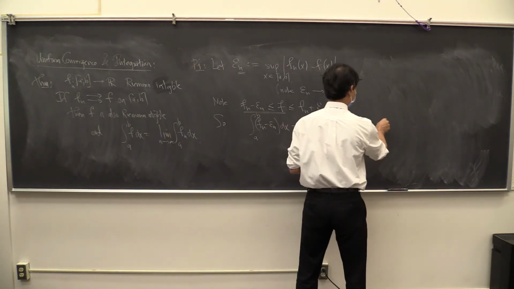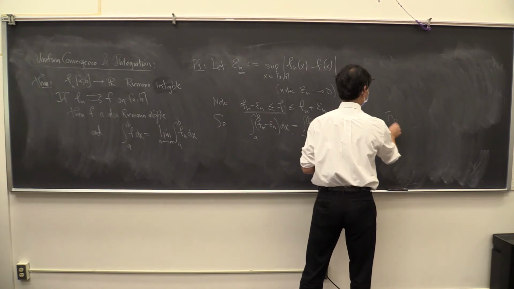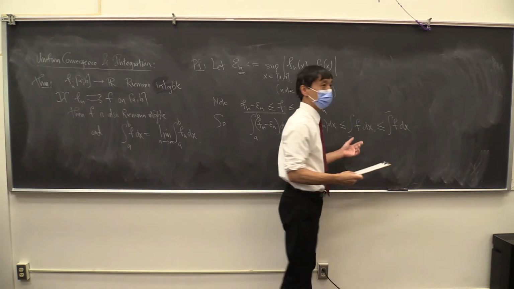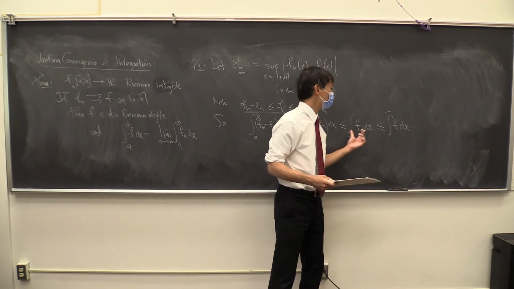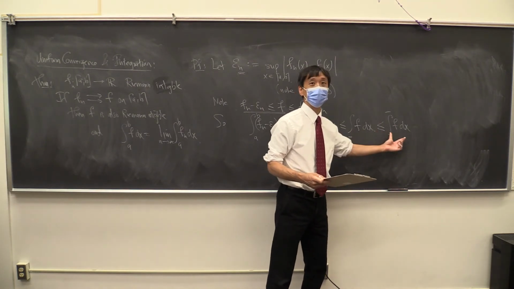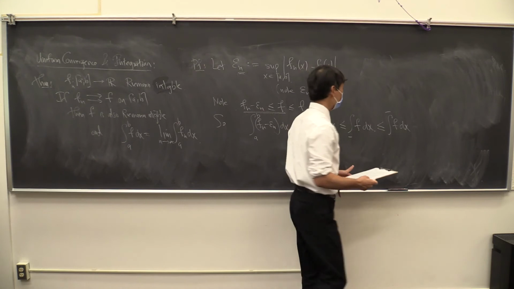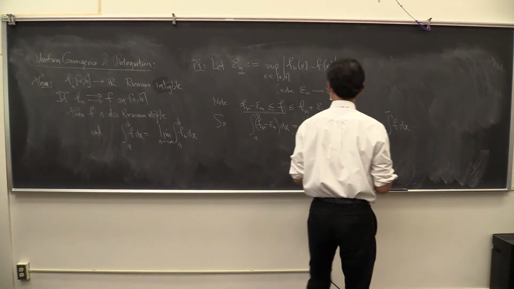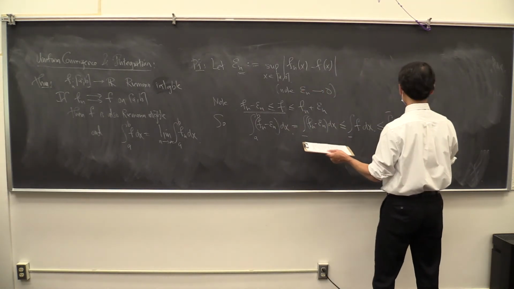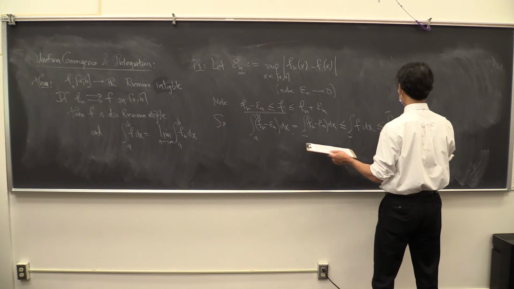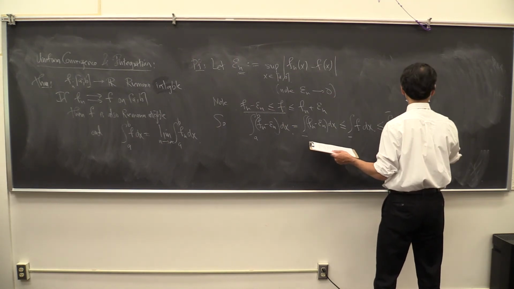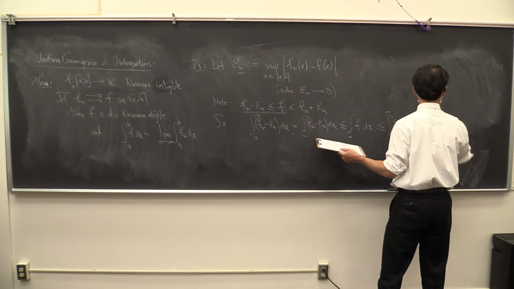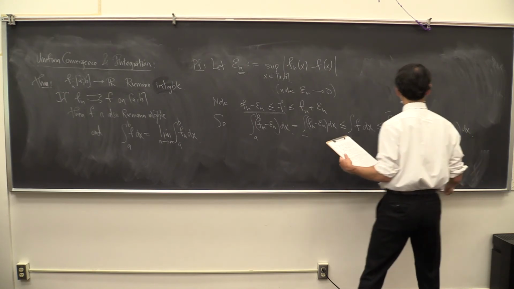Now that, by the fact that we just proved, is less than the upper Riemann integral. The lower Riemann integral is smaller than the upper Riemann integral. And by a similar trick, we get that this is less than or equal to the integral of f sub n plus epsilon sub n dx.